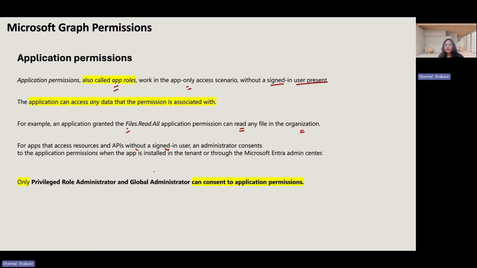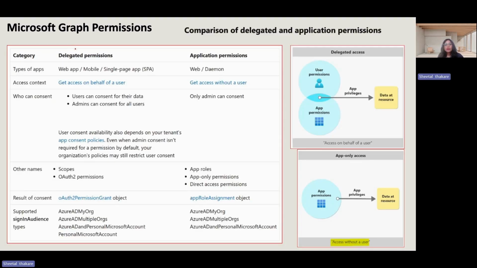Who can consent to the application permissions on behalf of all users? So only privileged role administrator and global administrator can consent to the application permissions. Here we find the comparison of delegated and application permissions.